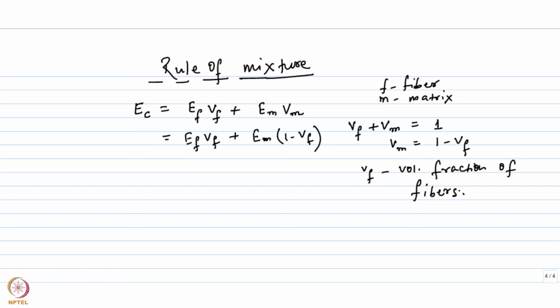And we are going to in fact prove this. So let us consider a fiber reinforced composite, and let's say it is loaded in the direction of the fibers, and the load is tensile in nature.